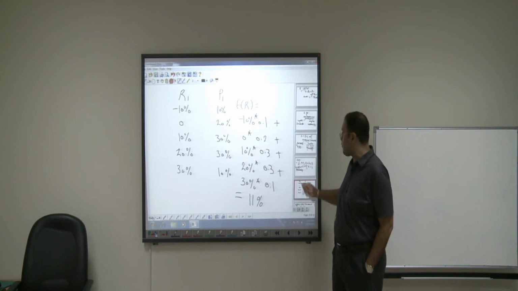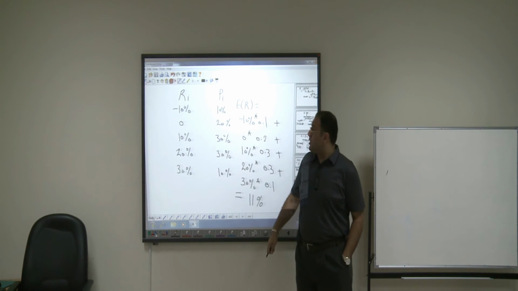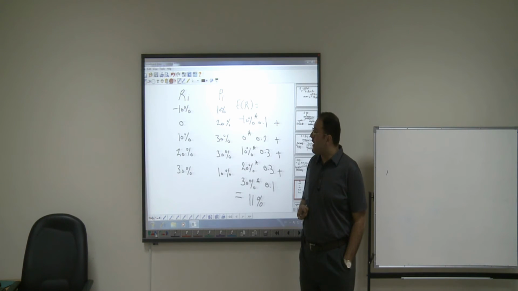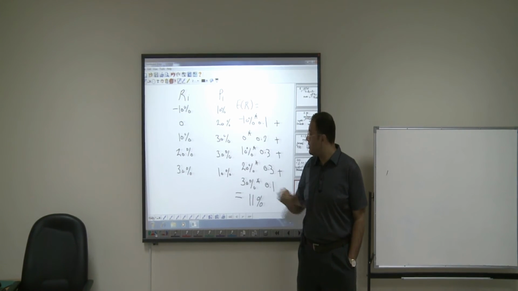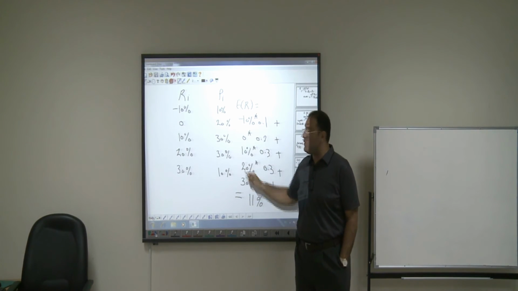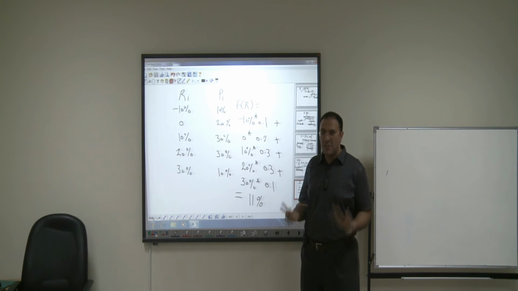So again, let's see this problem. You can expect to lose 10% with a probability of 10%, to break even with a probability of 20%, to gain 10% with a probability of 30%, to gain 20% with a probability of 30%, and gain 30% with a probability of 10%. How much is the most likely R?